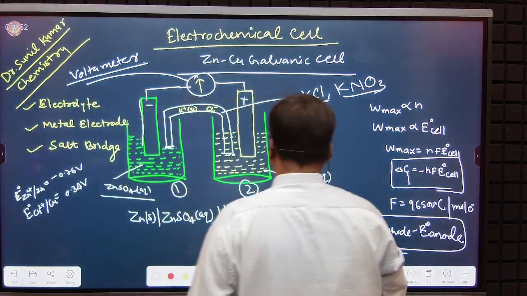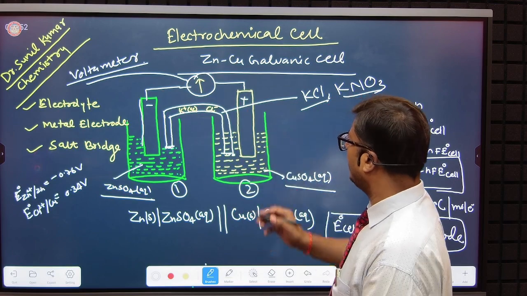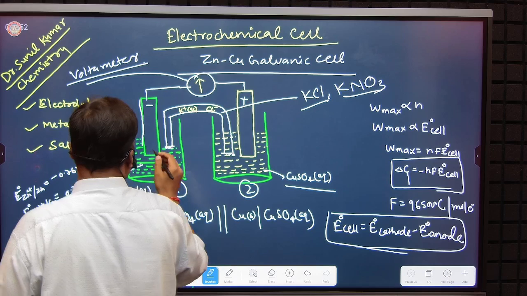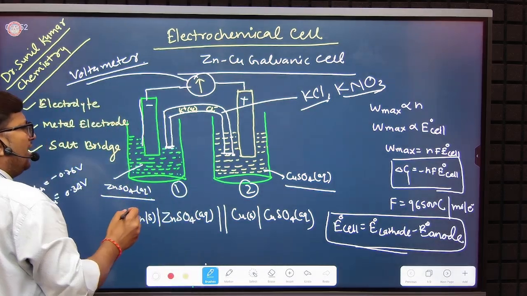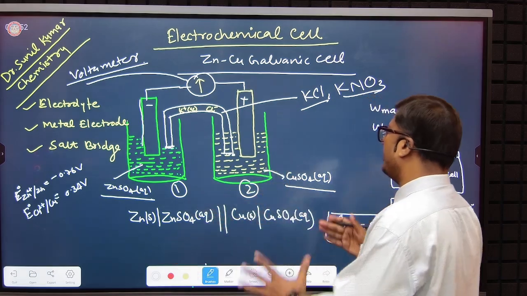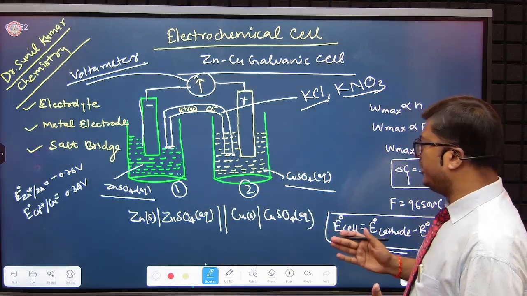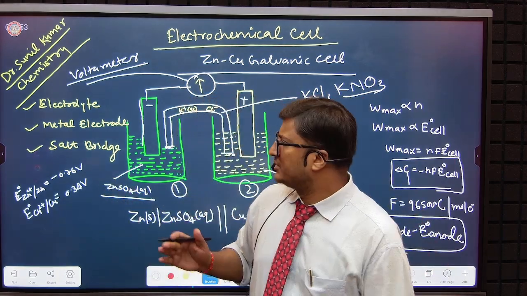The chemical energy is stored in these solutions, right? This is called the first half cell, and this is called the second half cell, right? So redox reactions are composed of oxidation half cells and reduction half cells, right?